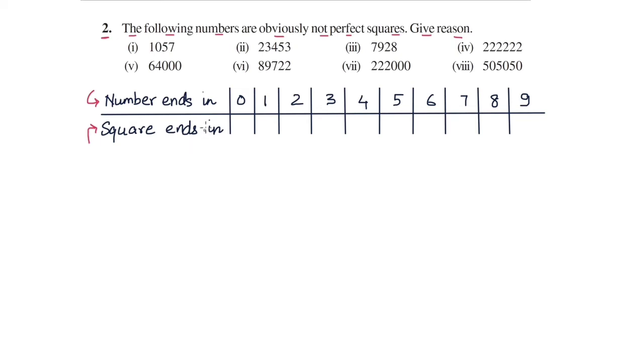So now let's complete the table. For example, starting from the first, if the number ends in 0, then the square of that number will also end in 0.